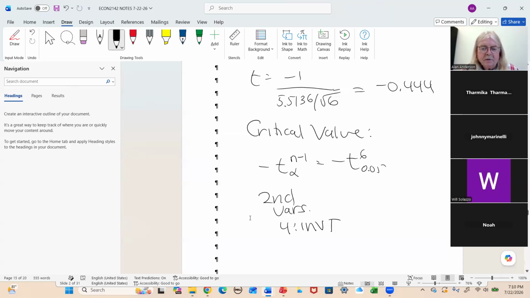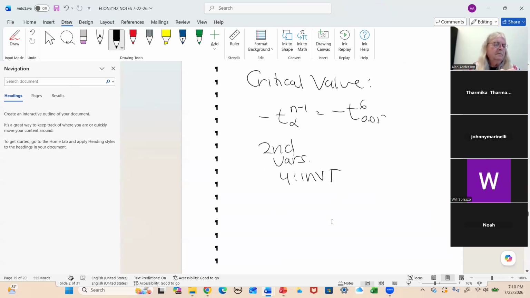And it will ask us for area. Now, this one is in the left tail, so area is actually that alpha there.